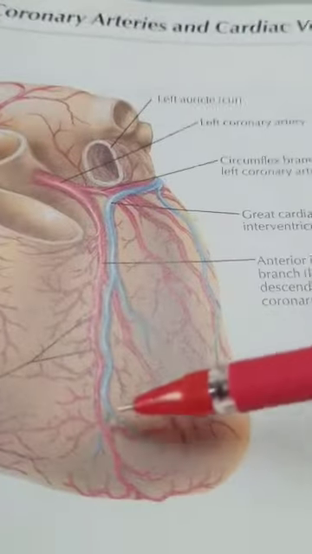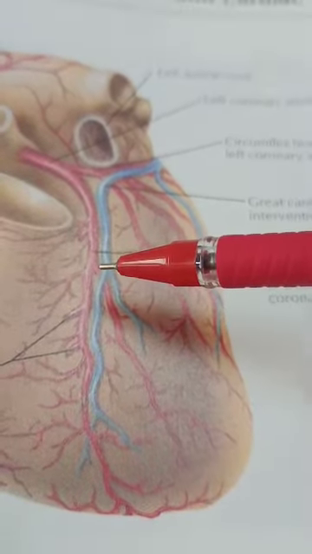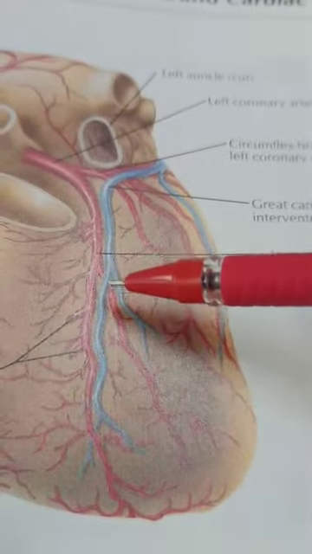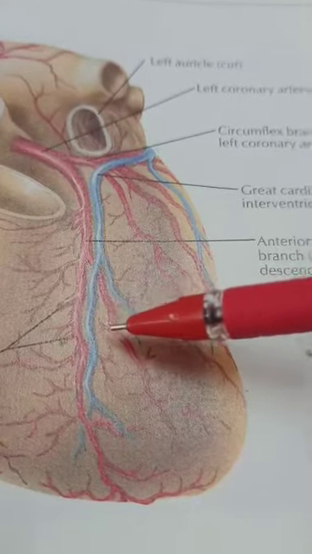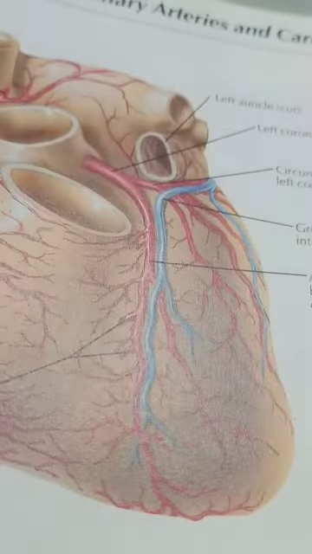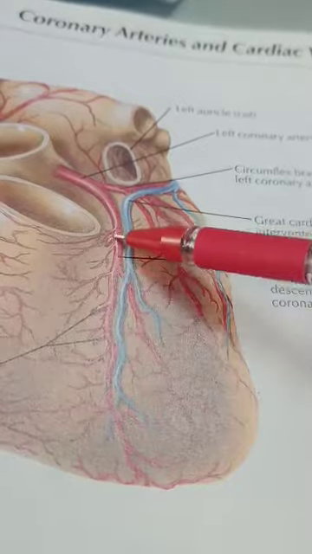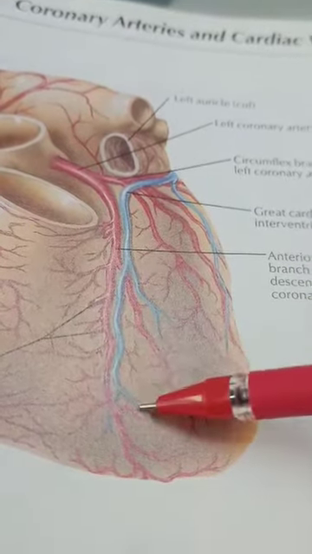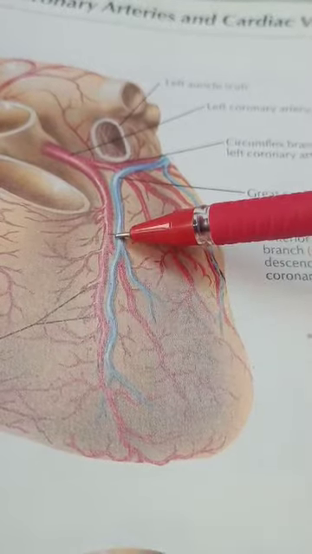So this is the great cardiac vein. It accompanies the anterior interventricular artery. It is seen along with the anterior interventricular artery.